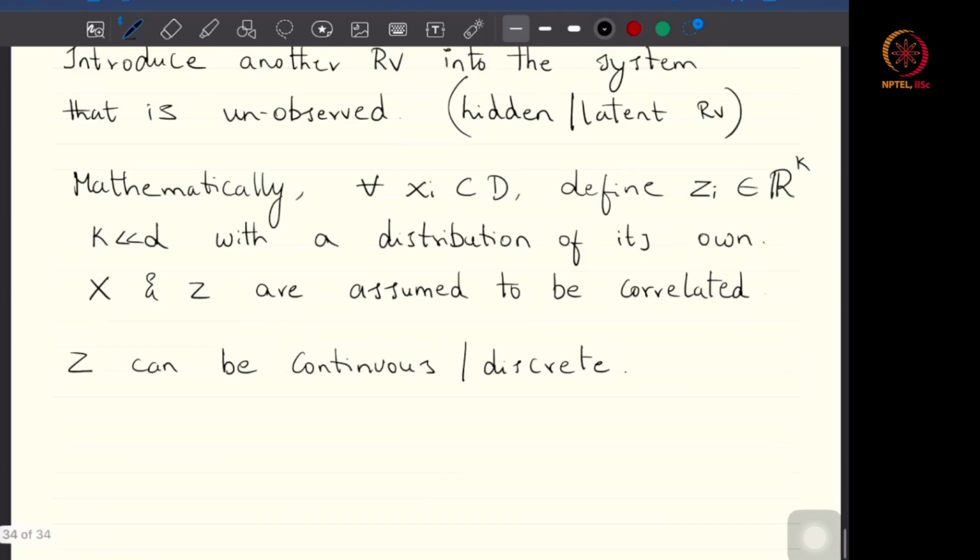Okay. Now with this let us define a latent variable model.